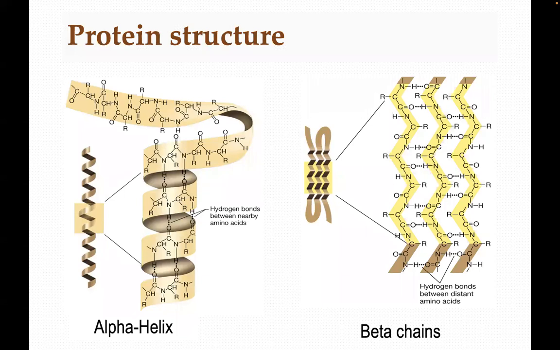And these beta pleated chains have the tendency of one beta pleated chain lying next to another, then another one on top of the other. So they easily attach to each other using non-covalent bonds.